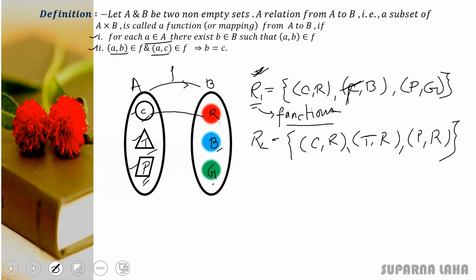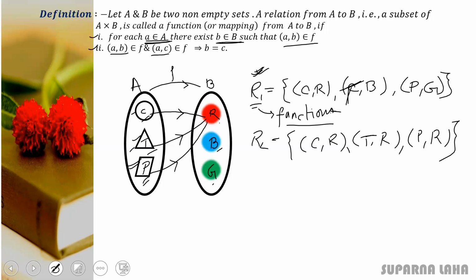C has image R, T has image R, P has image R. So for every a in A there exists a b, not a unique b, but there exists one b such that (a, b) belongs to F. C has an image, T has an image, P also has an image.